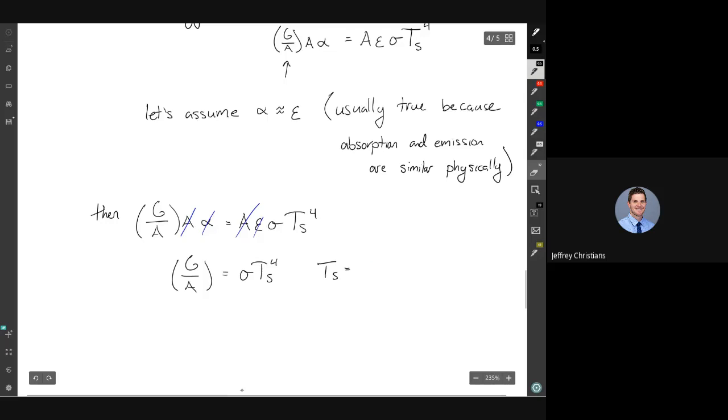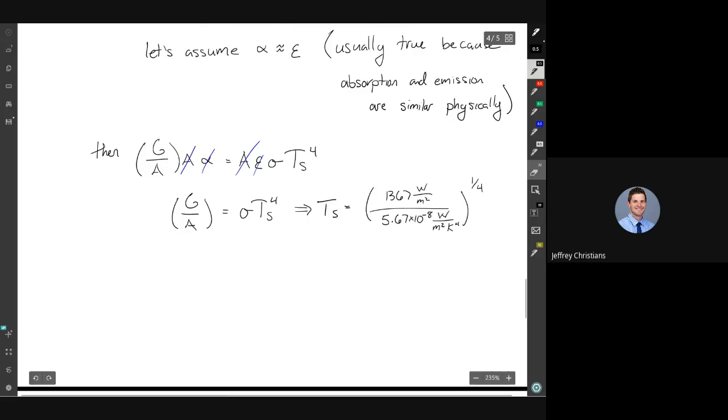This is equal to 1367 watts per meter squared divided by 5.67 times 10 to the minus 8, and that's watts per meter squared Kelvin to the fourth, all raised to the 1/4 power to get rid of our fourth power on temperature.